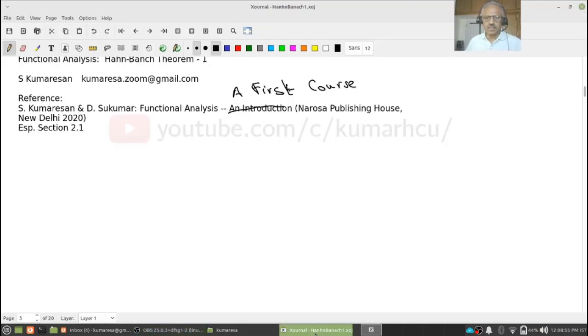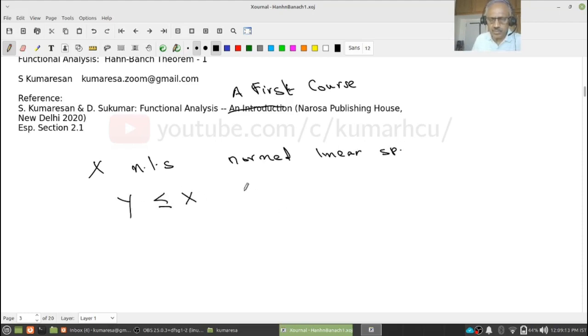Okay. So what does the Hahn-Banach theorem say? Let X be a normed linear space. I will write NLS. Suppose Y, this is my notation for a subspace, a vector subspace, not necessarily closed.